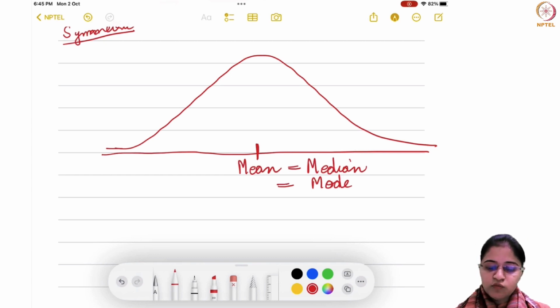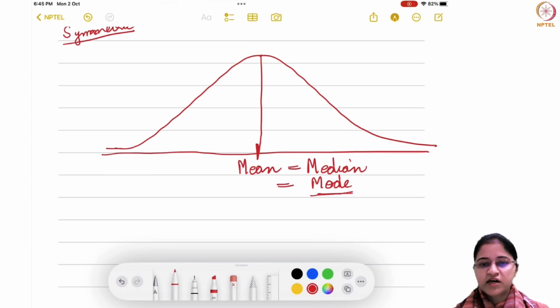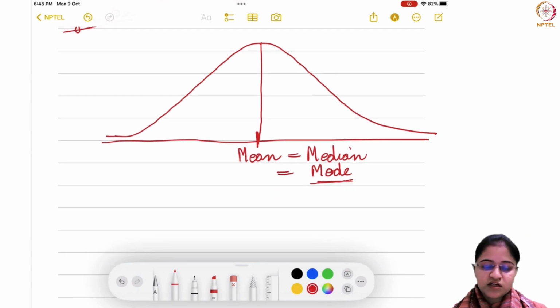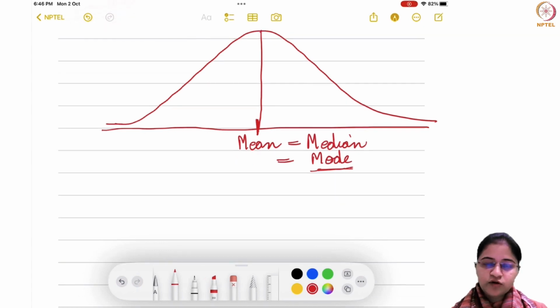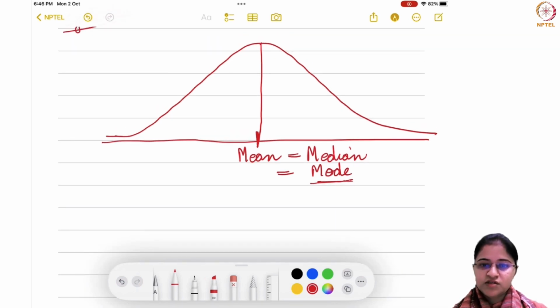And mode is the common occurrence where most of the data falls, so the peak is coming at this point. So for a symmetric distribution, mean, median and mode would be the same. An example for such a data set is the height of a group of individuals.